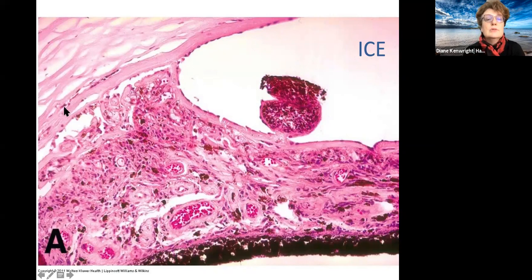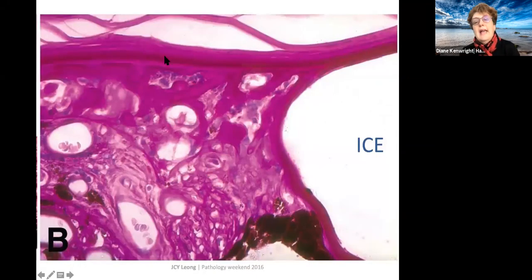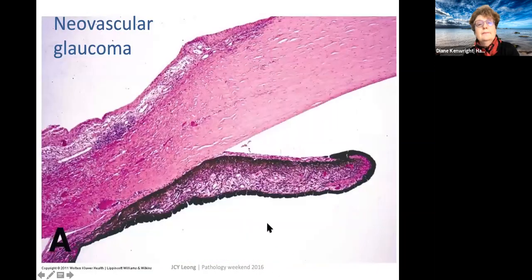It's also closed off the angle. So look for stuff on the front of the iris. Here's ICE again. This time it's got a PAS stain on it, which shows up Descemet's membrane, and you can see the bright pink Descemet's membrane coming around the corner and over the front of the iris.